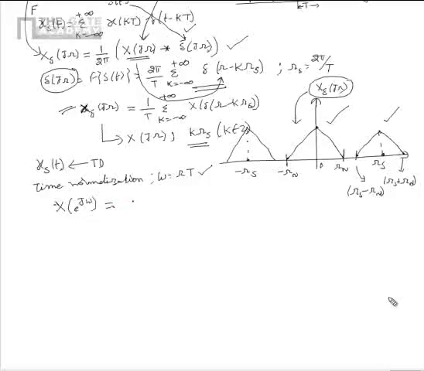From this, we see that X(e^{jω}) is equal to 1/T Σ from k equals minus infinity to plus infinity of X(j(ω/T − k·2π/T)). From above, we see that X(e^{jω}) is periodic with period 2π.